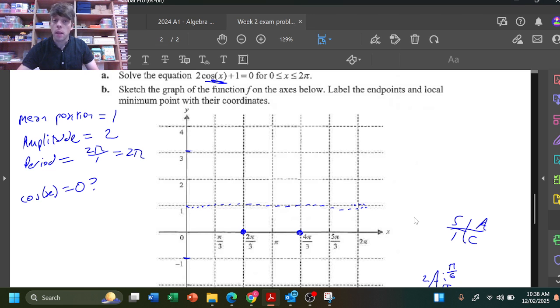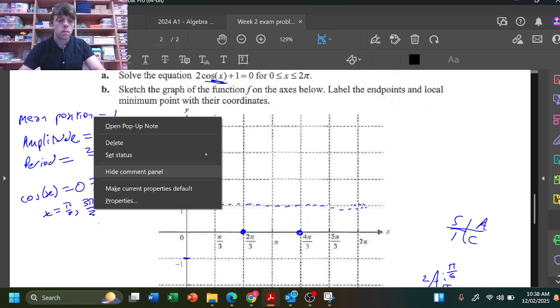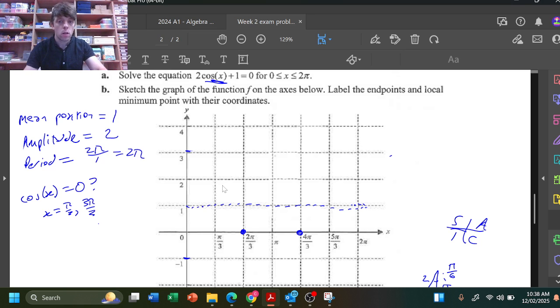Well, that happens going around a unit circle, so the x coordinate is 1 here, then the x coordinate is 0 there, so that's at 90 degrees, and it also happens at 3 pi on 2, so 270 degrees. So cosine x is equal to 0 when x is equal to pi on 2 and 3 pi on 2.